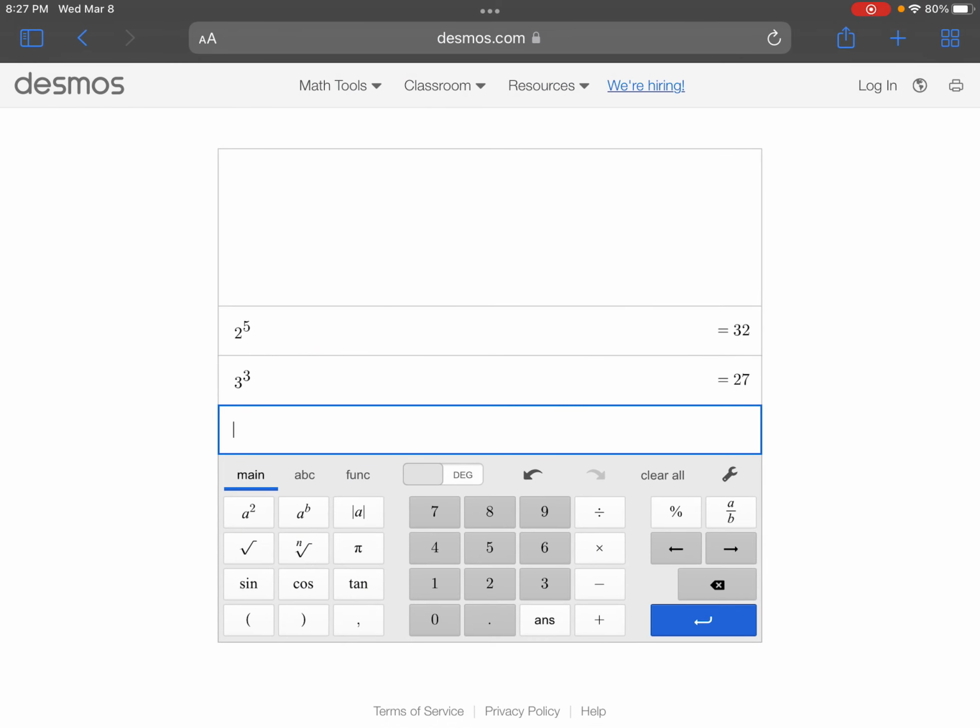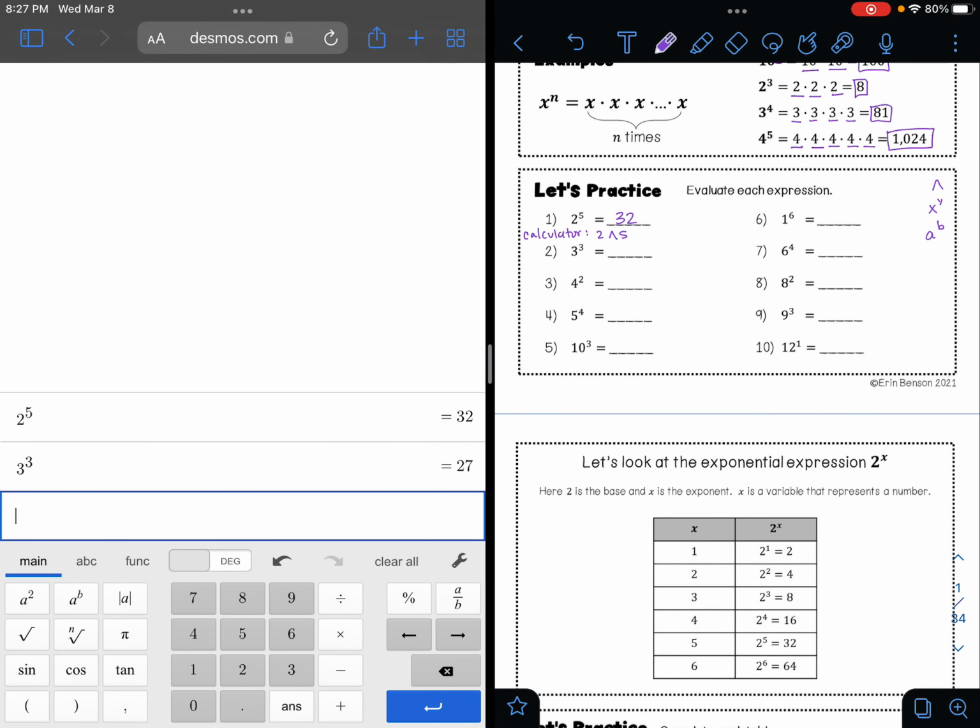Let's see if I can go side by side here. There we go. So this is going to give me 27. 4 raised to the second power is 16.